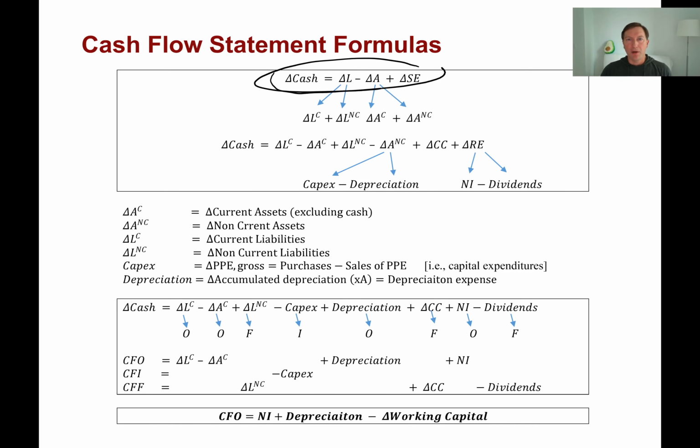We can think about changing liabilities in terms of current and non-current liabilities, and the same for assets. And of course shareholders' equity is going to be basically change in contributed capital and retained earnings, right? And we can further classify retained earnings into two components, which is net income minus dividends.